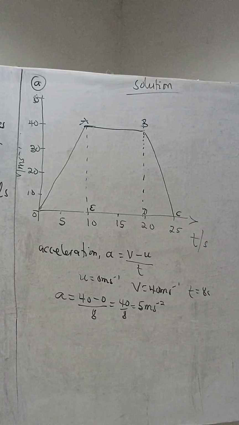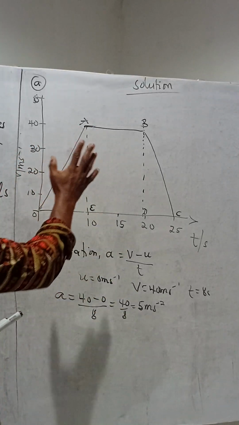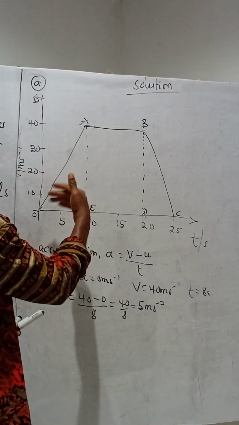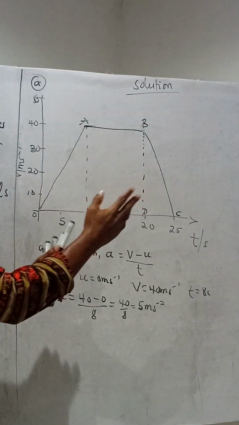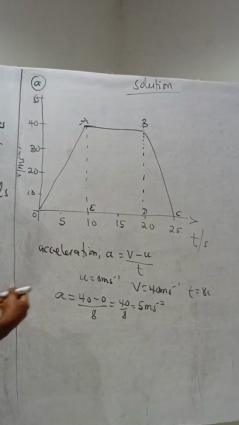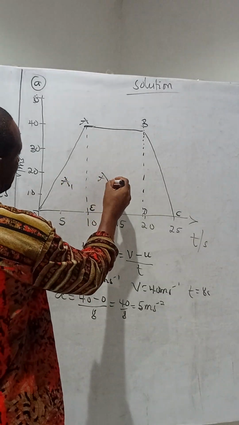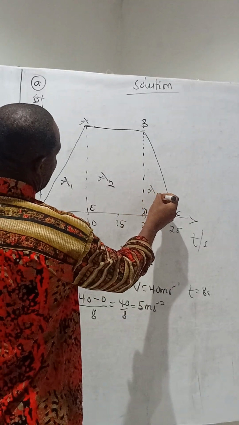B says that we should find the total distance traveled by the car. Now, looking at this diagram, the trapezium, you would see that it has been partitioned into 3 segments or areas. Let us indicate this to be area 1, this to be area 2, and that to be area 3.